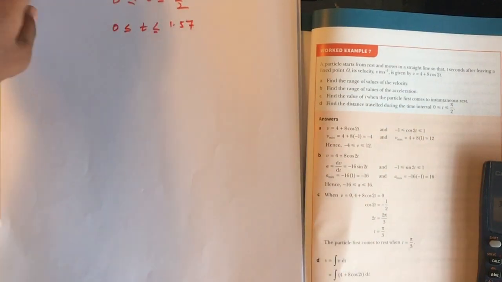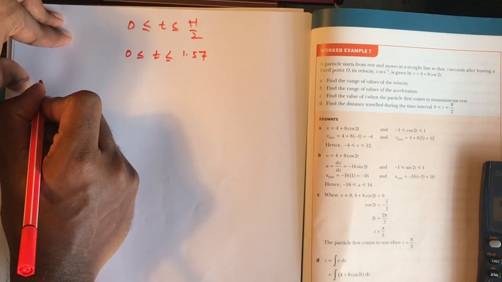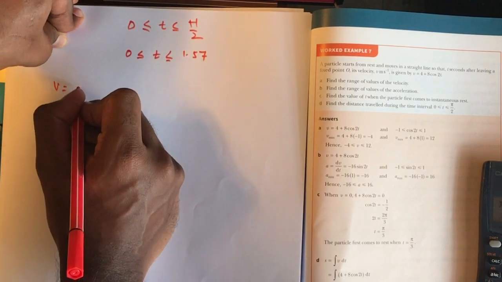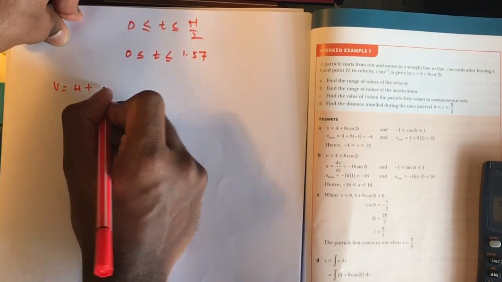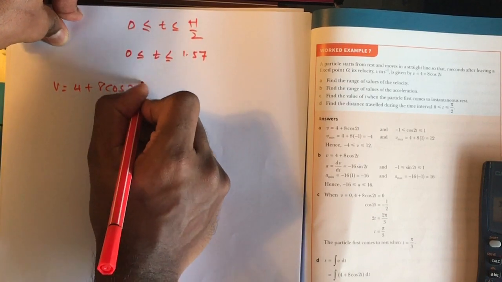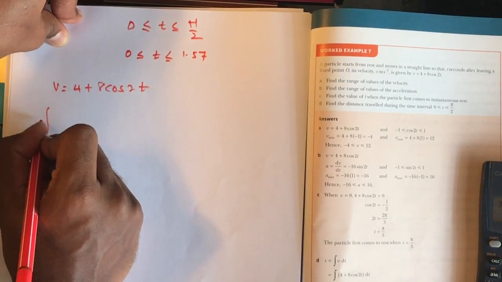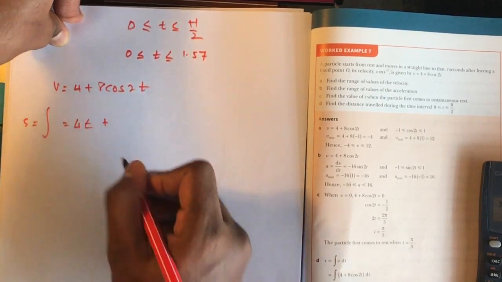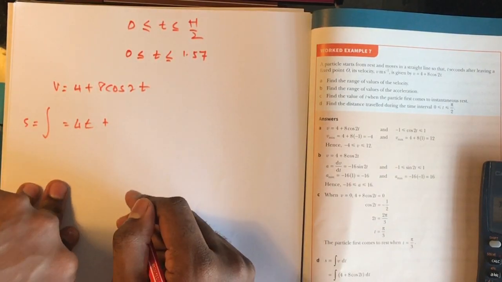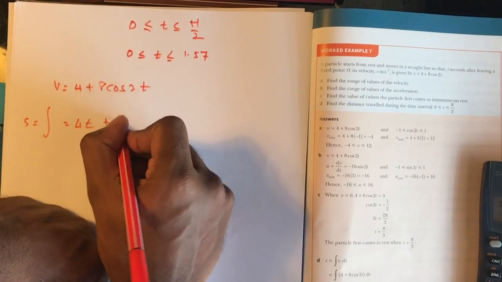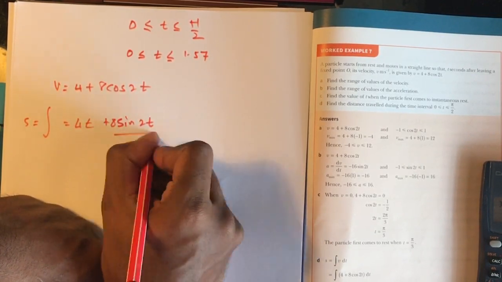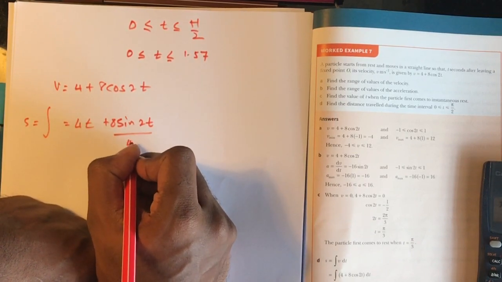To do that we need to use our velocity and the displacement formula. So what we have is v equals 4 plus 8 cos 2t. We need to integrate to get our s. When we integrate, we get 4t plus, let me think, sine 2t, then you have 8 here, differentiate 2t, put here 2, plus c.